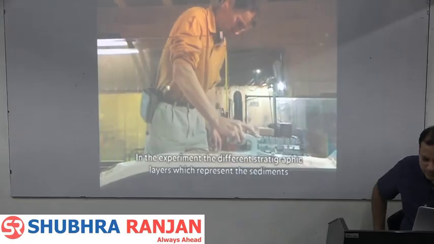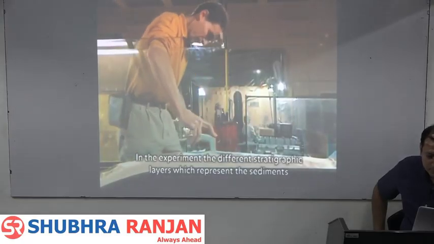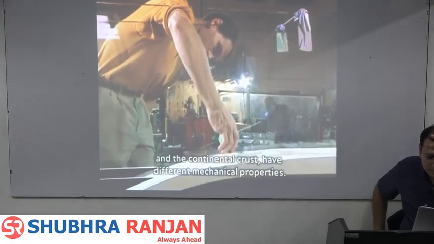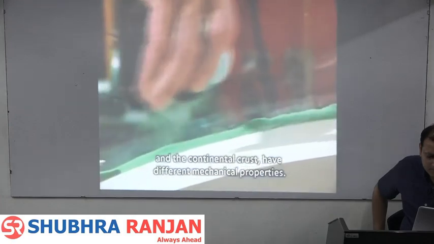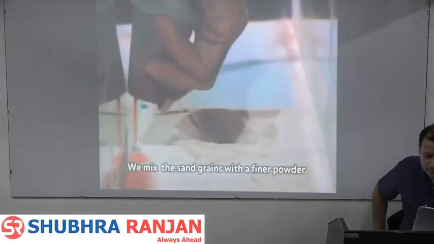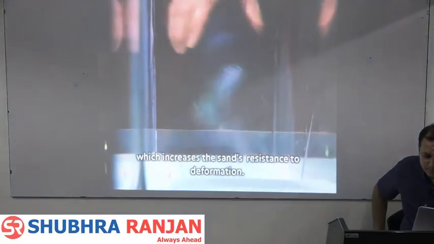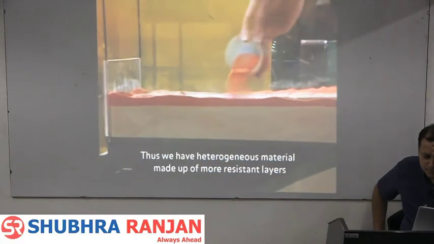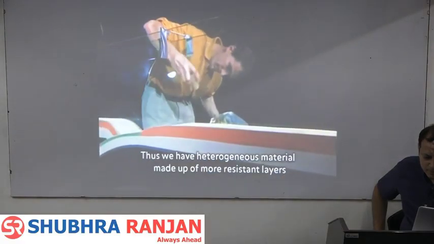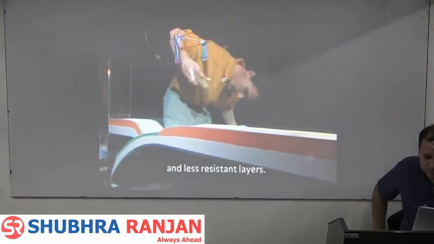In the experiment, the different stratigraphic layers, which represent the sediments and the continental crust, have different mechanical properties. We mix the sand grains with a finer powder, which increases the sand's resistance to deformation. Thus, we have heterogeneous material made up of more resistant layers and less resistant layers.